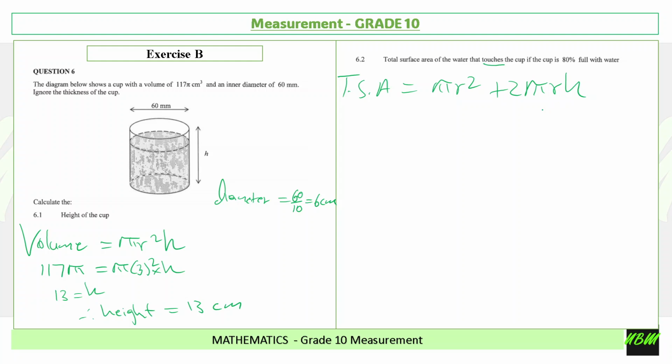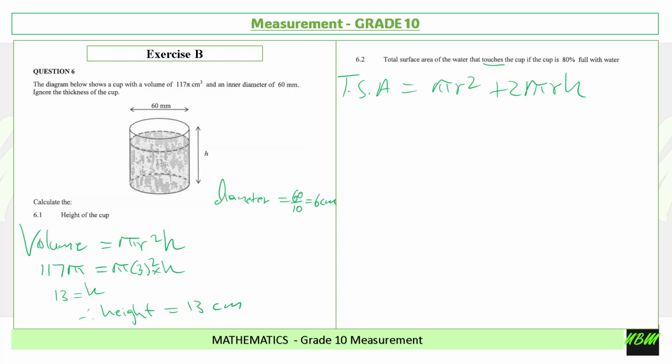Then on 2 pi r h, we are also told that we only need to calculate the surface area of the water that touches the cup if the cup is 80% full with water.